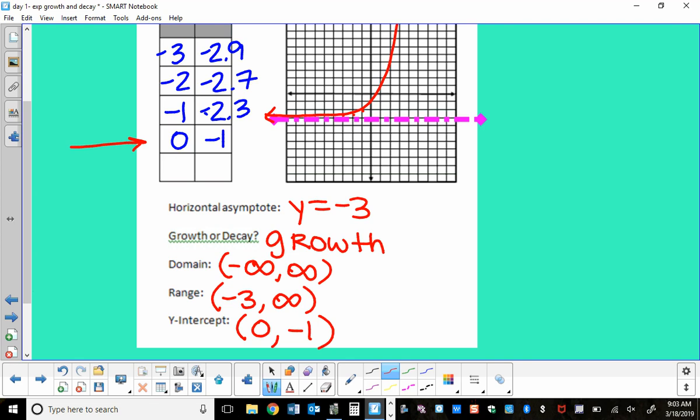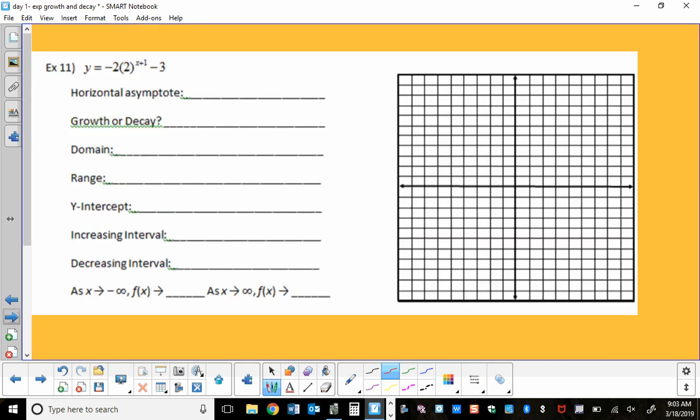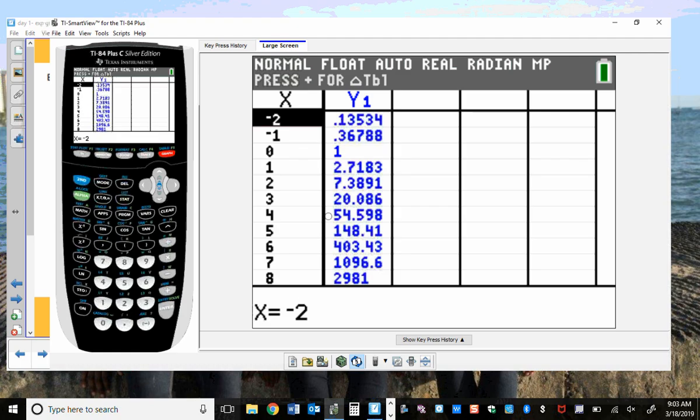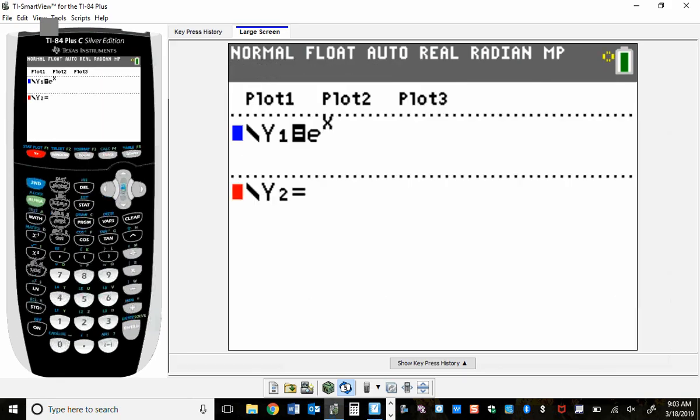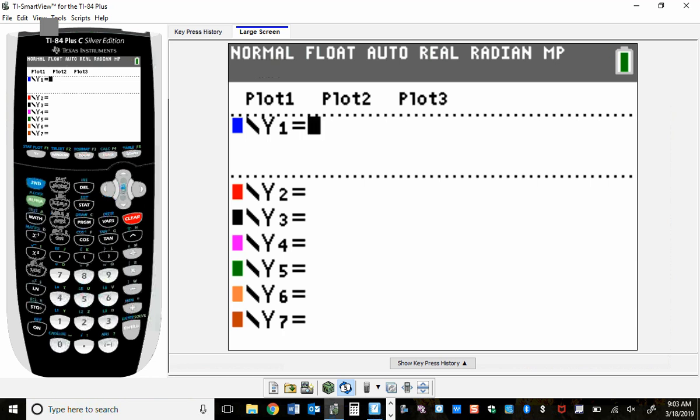All right, I have one more thing to do with you before you do your classwork. Look at number 11. This is more so what you'll see on your quiz. The ones we just were doing are a little bit easier. So let's go to your y equals so we can all type this in. I want you to type in exactly what you see.